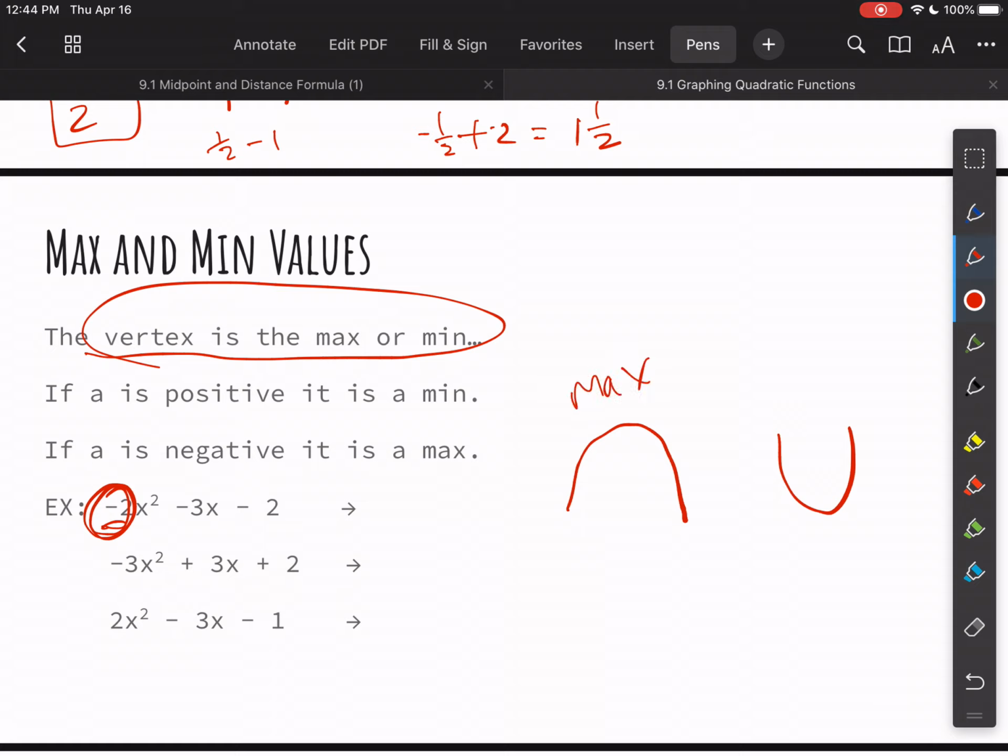The max happens when a is negative. If it's opening up, that happens when a is positive. Notice that in this case, that vertex is a minimum. It's the lowest point on the graph. Here it was the highest, so we call it a max. Here it's the lowest, so we call it a min. All right, then we go through a couple of examples there.